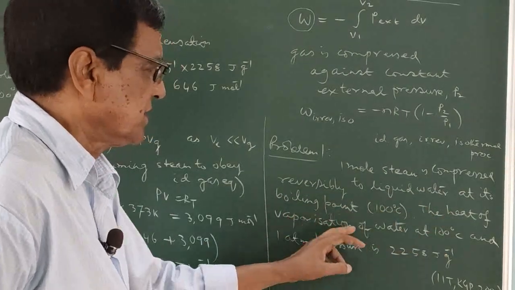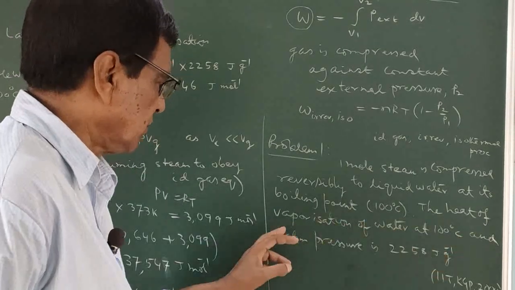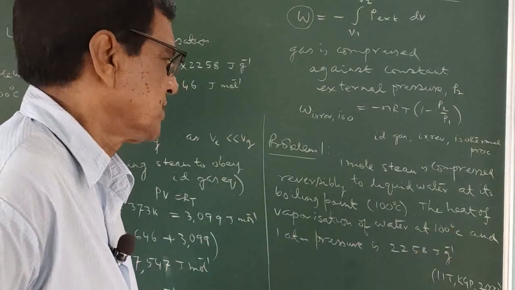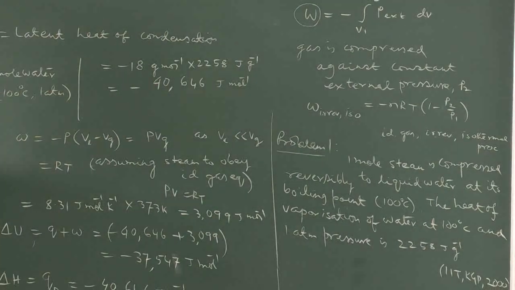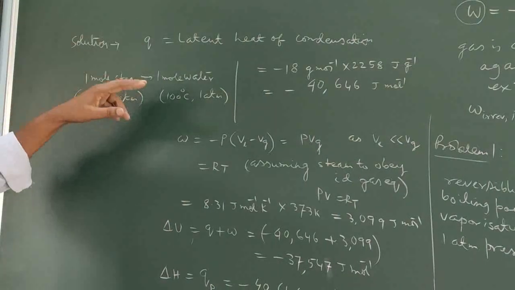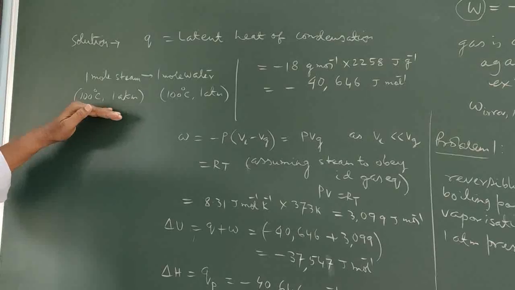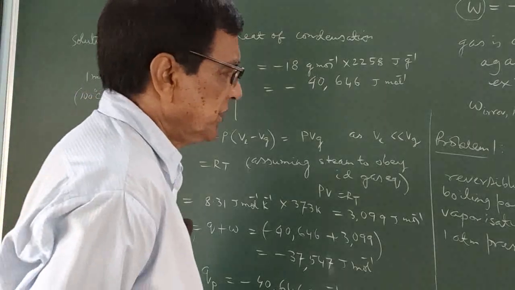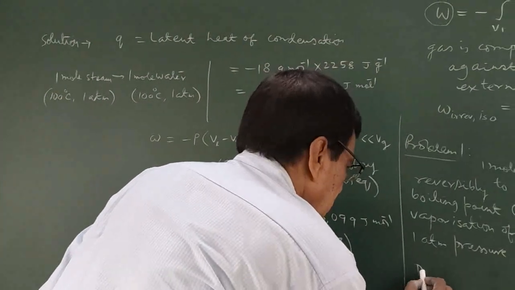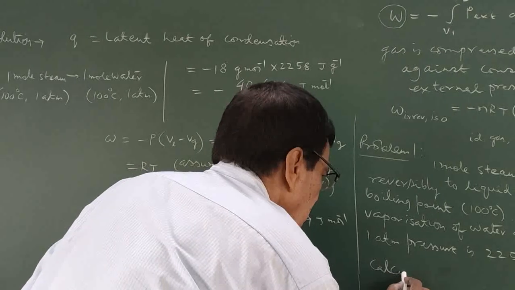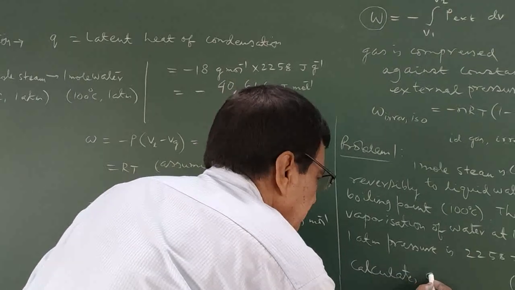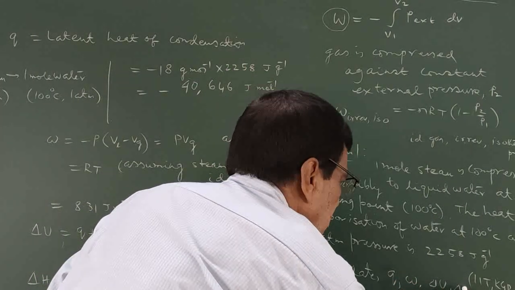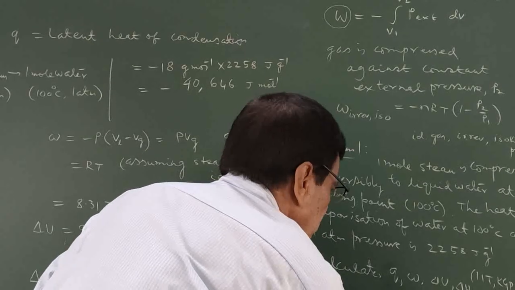The heat of evaporation of water at 100 degrees centigrade and 1 atmosphere pressure is 2258 joule per gram. 1 mole steam is converted to 1 mole water, temperature and pressure remaining the same, and we have to calculate Q, W, del Q, del H of the process.